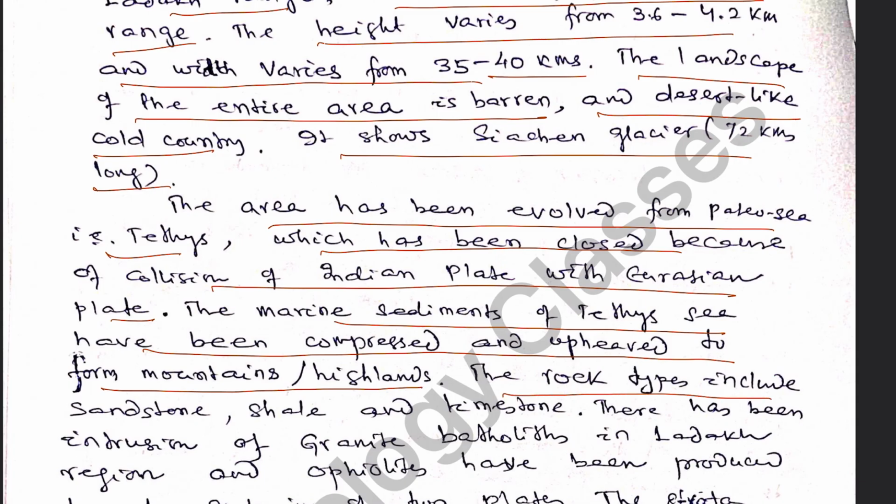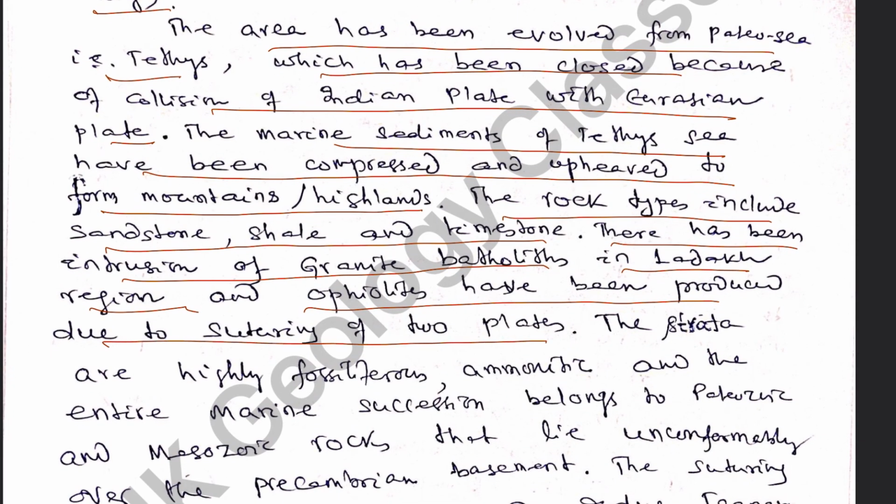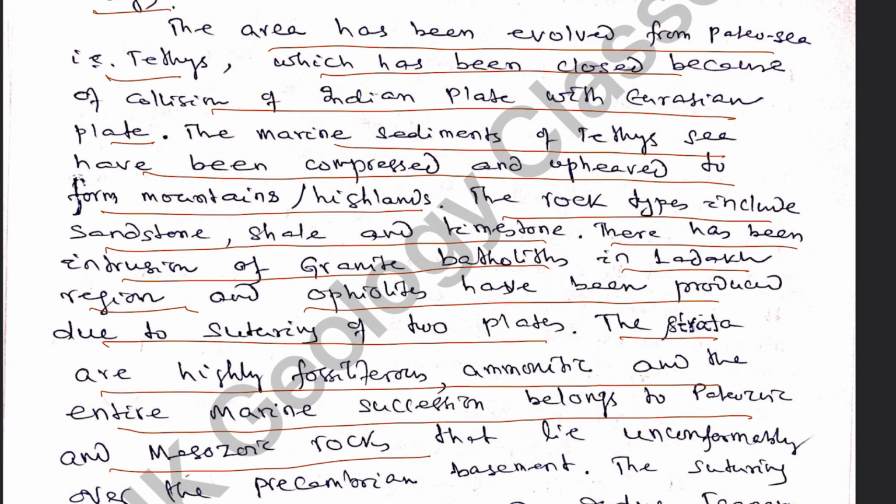The rock types include sandstone, shale and limestones, and there has been intrusion of granite batholiths in the Ladakh region, and ophiolites have been produced due to suturing of the two plates, and the suturing has given rise to the Indus-Tsangpo suture zone. The strata are highly fossiliferous and ammonitic, and the entire marine succession belongs to the Paleozoic to Mesozoic rocks that lie unconformably over the Precambrian basement.